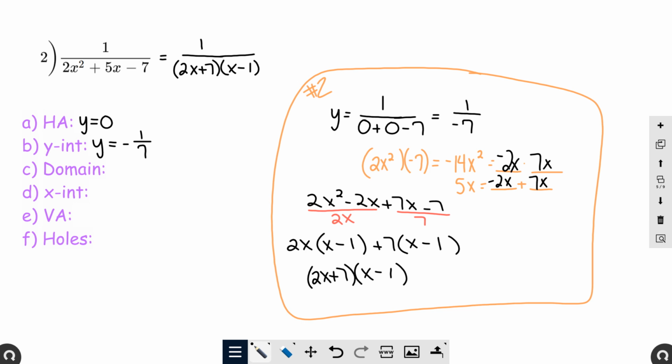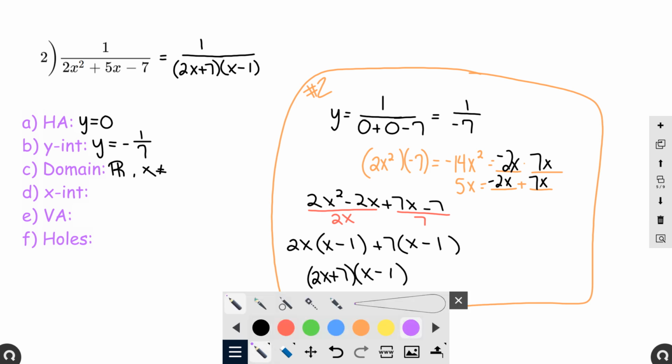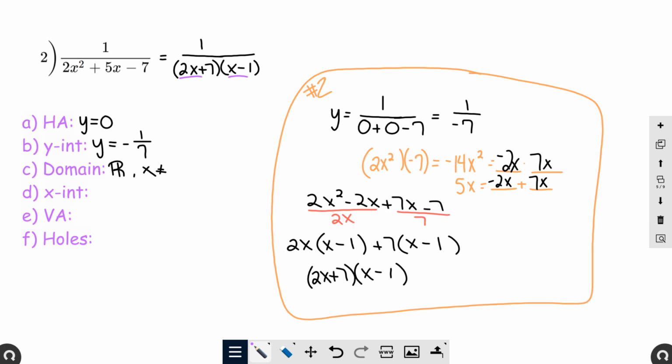So now we're on part C, which is our domain. So let's look here. It says all real numbers except what makes that denominator equal to 0. So we have all real numbers, x cannot equal. So let's take what's in our denominator. Now we have 2 parentheses. We set them both equal to 0 and solve for x.